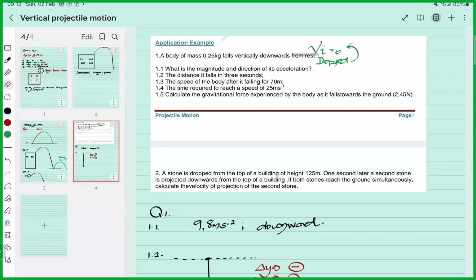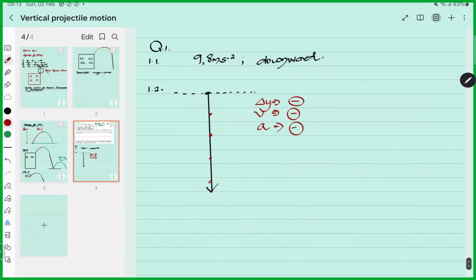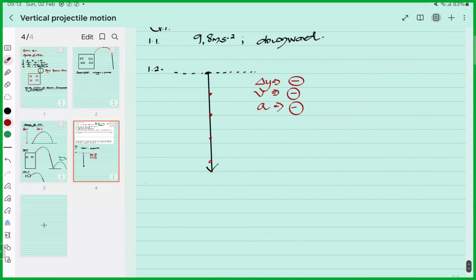How do we answer this? We write down all the key pieces of information that we have for each question, and we see which variable we need to find. So I know my initial velocity is 0. I already know that my acceleration is minus 9.8. And for 1.2, they want us to work out the distance it falls in 3 seconds. There is no equation for distance. There's an equation for displacement, yes.